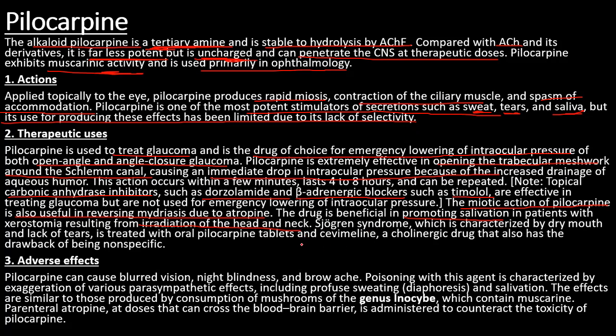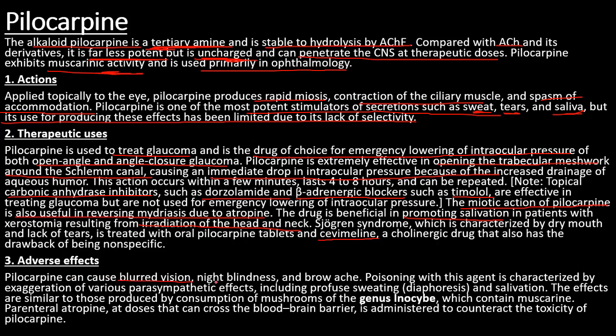Okay, then we have another drug known as cevimeline, which is a quinuclidine derivative of acetylcholine, but it has longer-lasting effects than pilocarpine and also fewer side effects. Okay. Now, what are the adverse effects of pilocarpine?